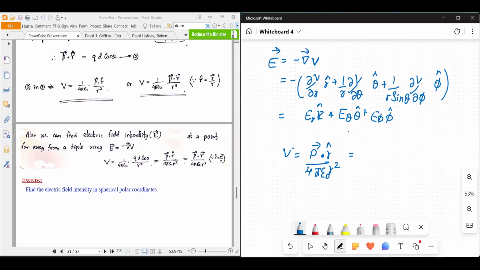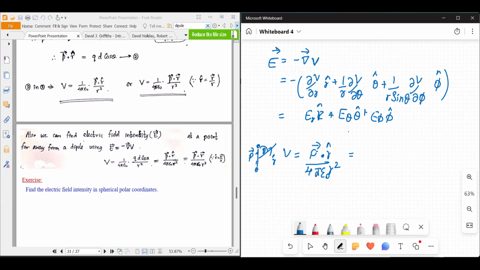And if I write this, so we have the dipole and angle here is theta, and this is the R vector and the direction of the R in this direction, and we have the dipole moment in this direction.